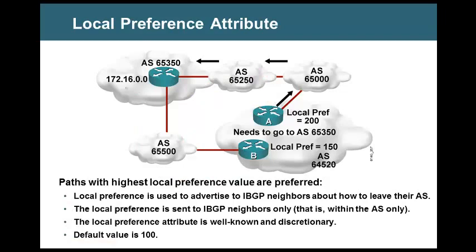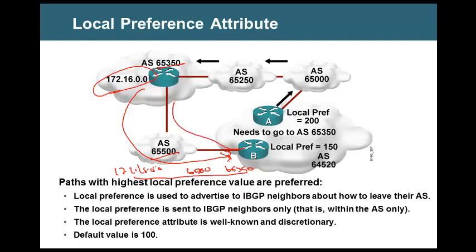When 172.16.0.0 comes to B, router B will be learning it from two autonomous systems. B will say 172.16.0.0 is learned from 6500, and that has learned from 65350. Because the update is coming with the lower AS path, with one giving 3 autonomous systems and this giving just 2, B prefers to go like this.